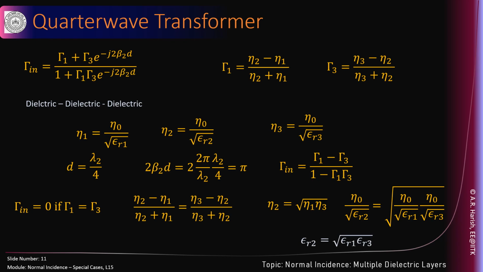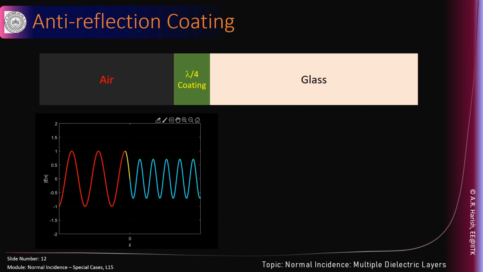What's the meaning of this? If I choose three dielectric media, the middle slab has the thickness equal to lambda by 4, that is quarter wave thick, and whose permittivity is equal to square root of epsilon R1 times epsilon R3, then gamma in will be 0. This has applications. We'll come to the application.